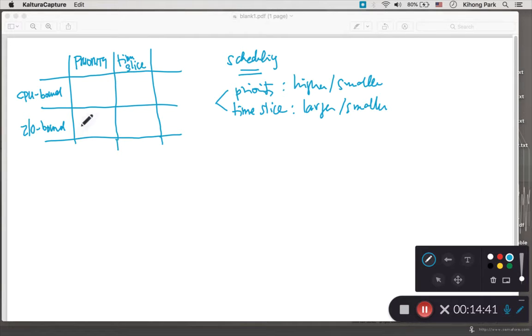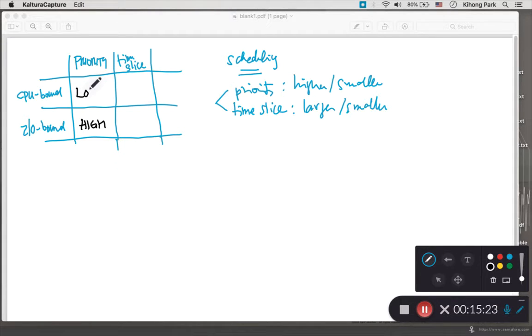So the general idea is, here we're trying to compare, relatively speaking, how are we going to set the priorities and the time slices when we consider two processes as examples, one which is IO bound, one which is CPU bound. So this is purely a relative comparison. For priority first, we said we want to give the IO bound guys, all else being equal, high priority, or higher compared to a CPU bound process.